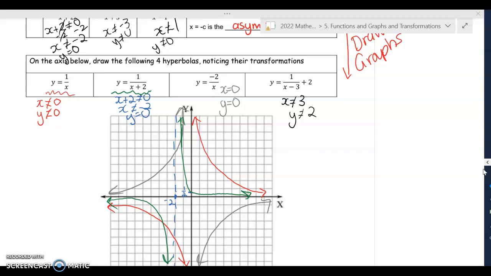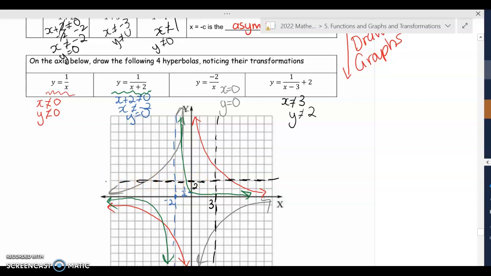So x equals 3 is down here, 1, 2, 3. So I'm going to draw myself some asymptotes in here at 3. And y equals 2 would happen up here, 1, 2. And we'll draw asymptotes in there at 2.